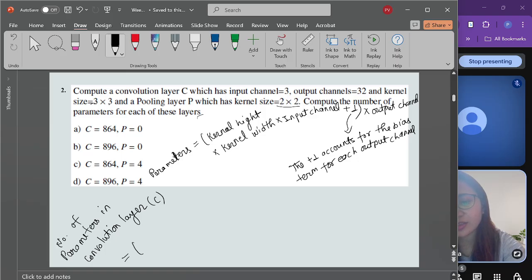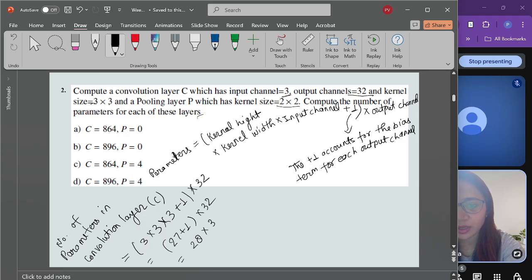The kernel height is 3, the kernel width is also 3, the input channel is also 3, plus 1, and all of that is multiplied by the output channel, which is given as 32. So it is 27 plus 1, multiplied by 32, which is 28 multiplied by 32.